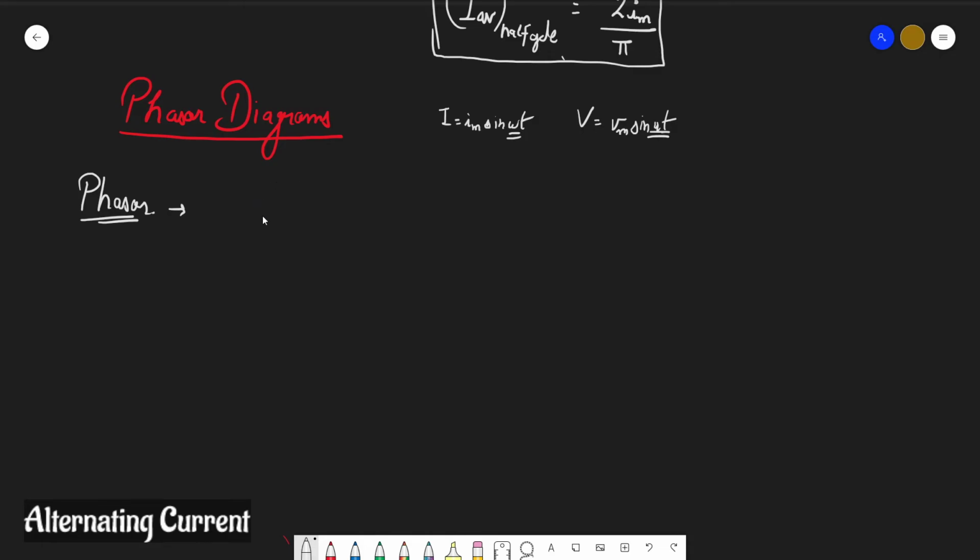Suppose like this, this is the tip. The magnitude will be the peak. The peak is determined by the magnitude of this vector, and this will rotate at a frequency of omega.